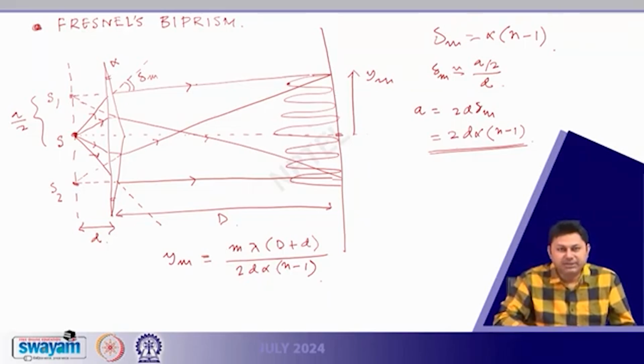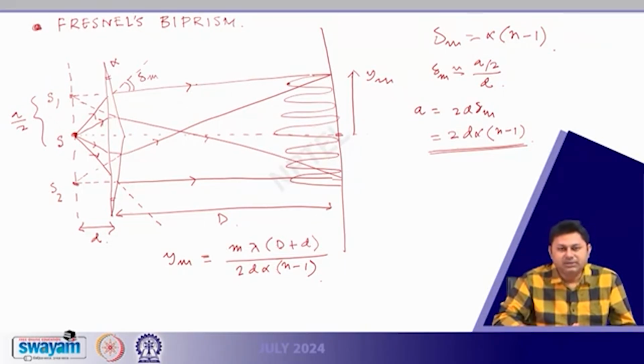Today what we did is we tried to understand that if light interacts in a double slit experiment, then fringes are formed, and how the shape of the fringe is going to change. We find that the pattern will be like a hyperbola.